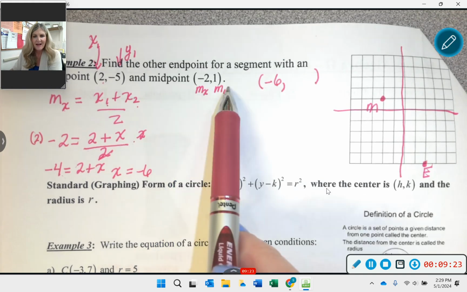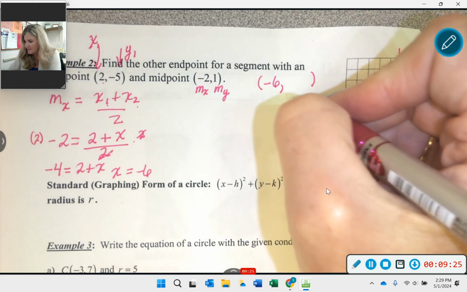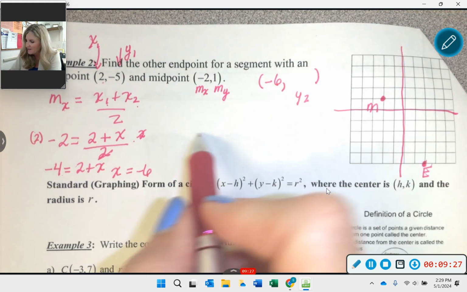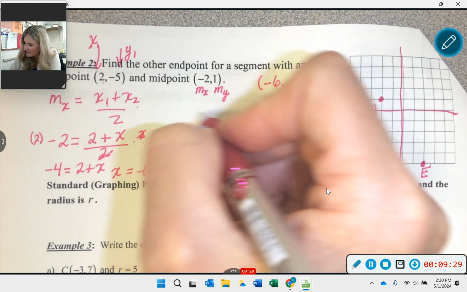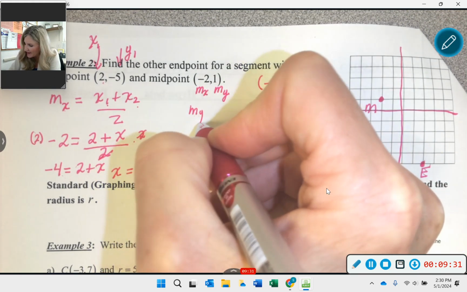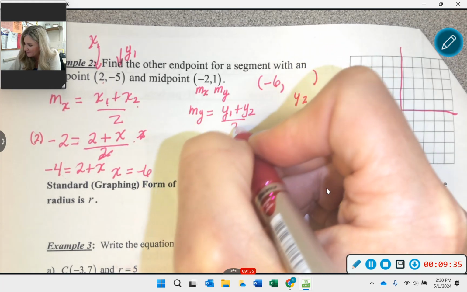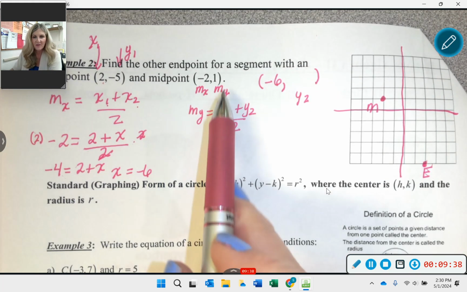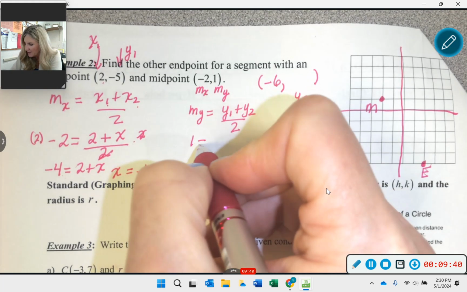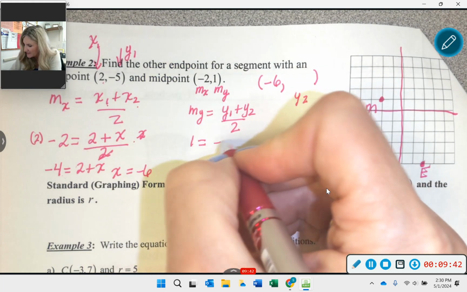Okay. And now I have to find my y sub 2. So using my formula, I know m sub y has to equal those y's added together and divided by 2. Well, my y value is 1 on my midpoint. My first y is -5.